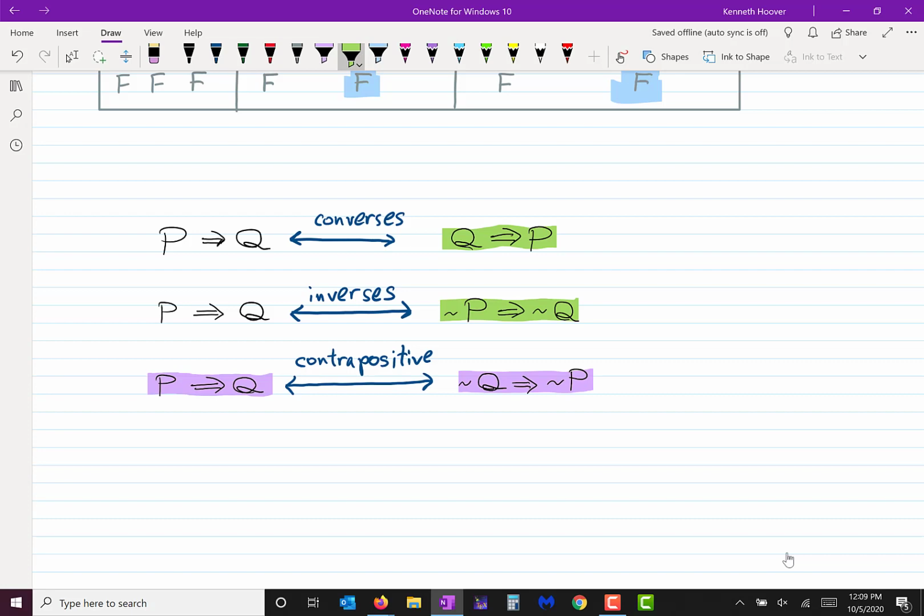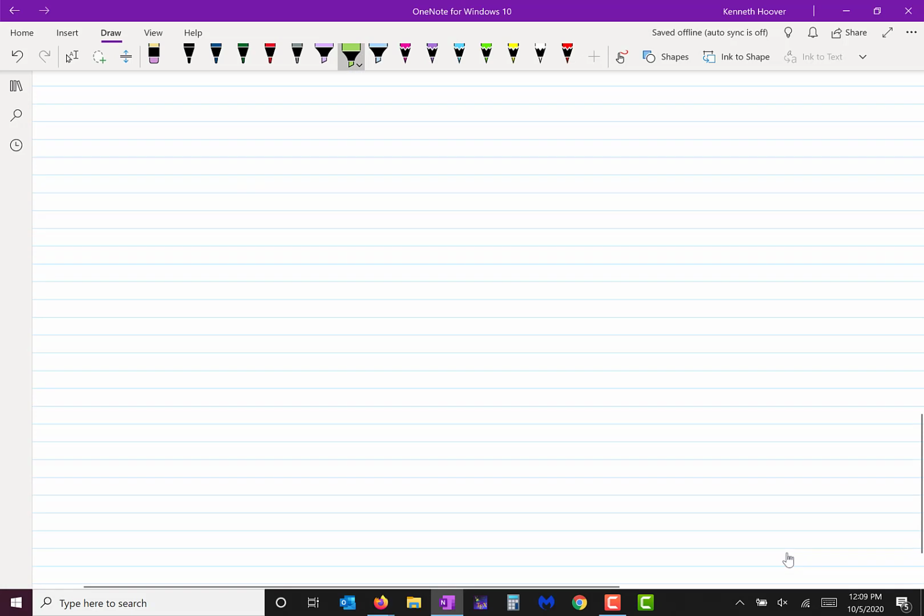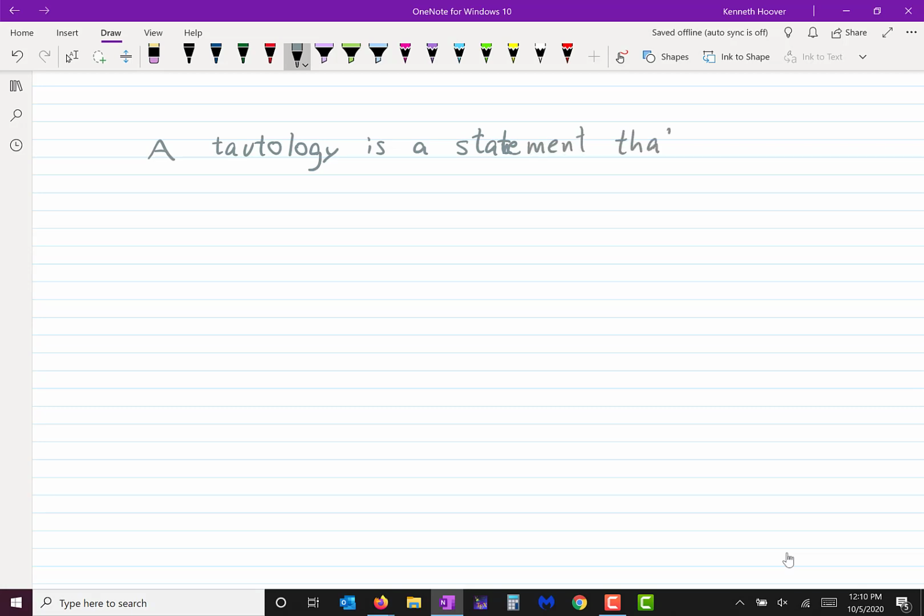Okay, now on to the next little topic. Tautologies. A tautology is a statement that is true. You can even throw in the word always true.